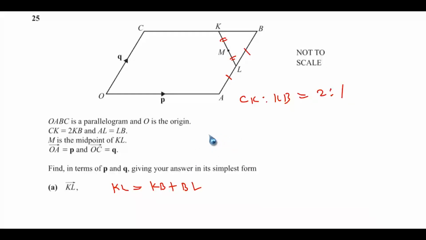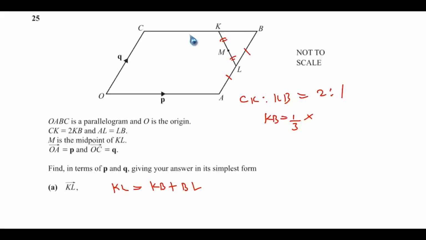So let's start with vector KB. To get vector KB, we already know the ratio, okay? CK to KB is equal to 2:1. So from here, we can say that KB is equal to 1 over the total ratio, which is 3, multiplied by the whole of this length here, that is CB.